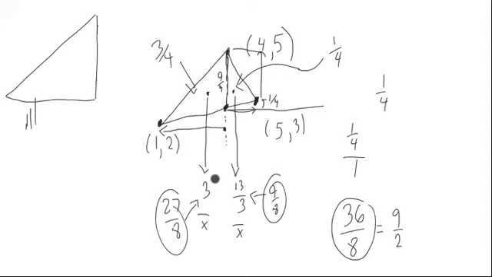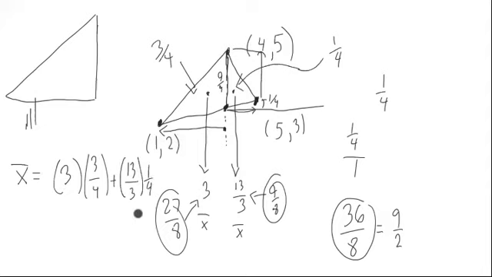That tells us that this 3 should have 3/4 of the weight for the X value, and this 13/3 should have 1/4 of the weight. So to find the final X bar, we simply add the two with their associated weights: 3 receiving 3/4 of the weight, plus 13/3 receiving 1/4 of the weight.